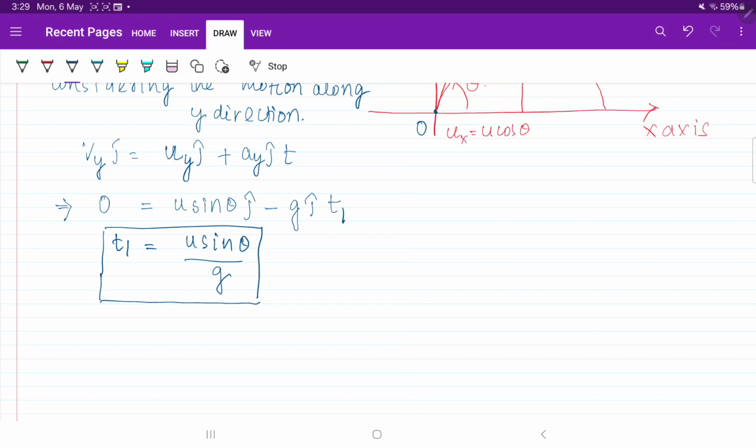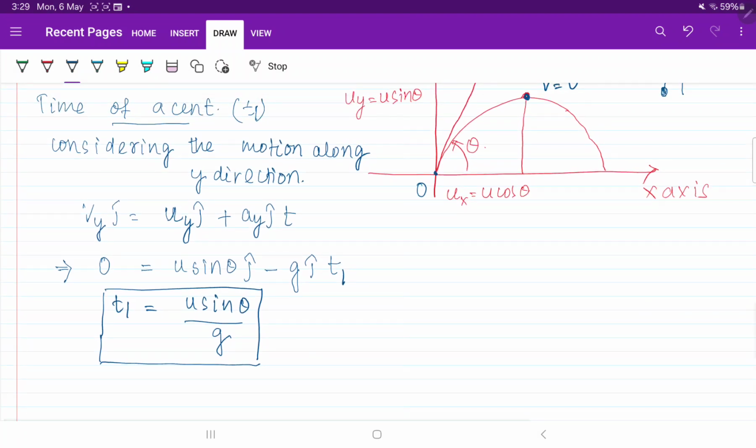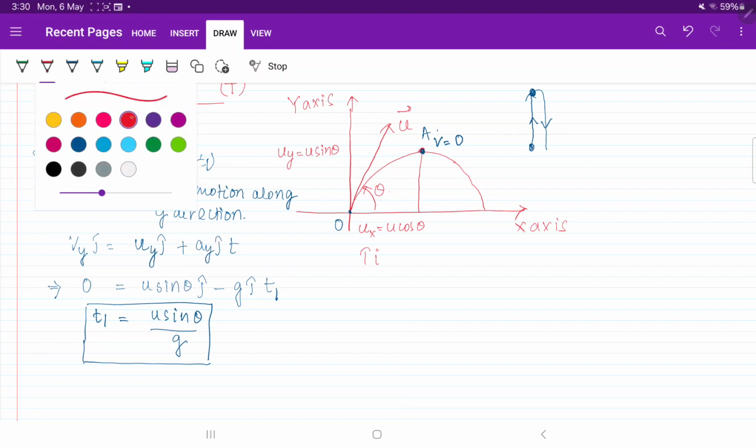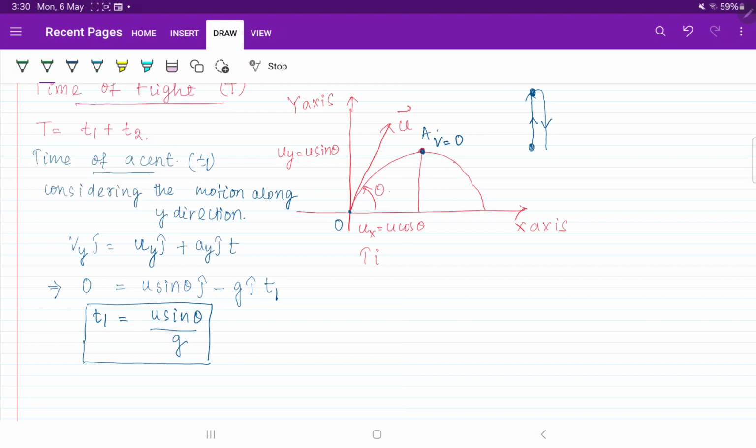Okay, similarly we are going to derive the time of descent, t2. So how can we derive that?